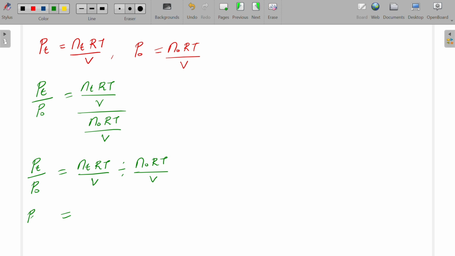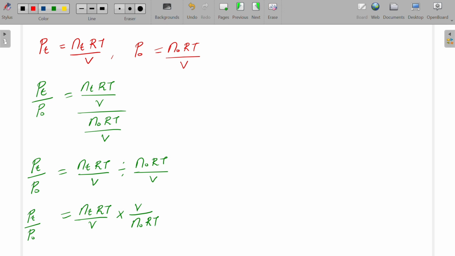Taking it on the other side, what we have is PT over P initial equal to, we'll still have our NT RT over V, and this now will multiply by, we are going to switch those two. Our volume goes on top, and our N initial RT becomes down.